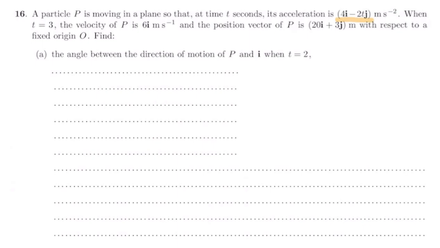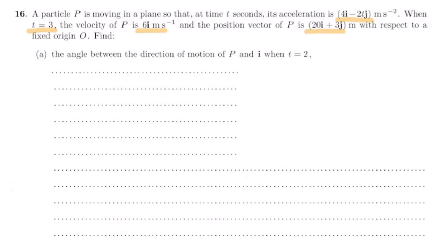The minute you say variable acceleration, you cannot use the constant acceleration equations. We're told that when t is 3, the velocity is 6i, and the position is 20i plus 3j.